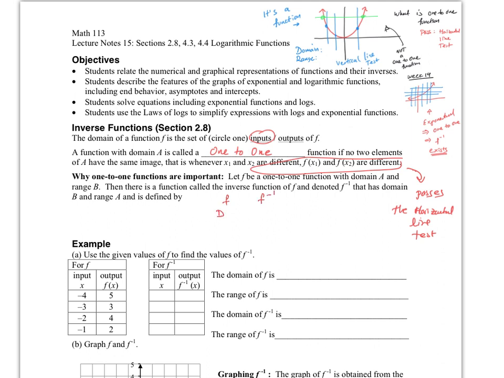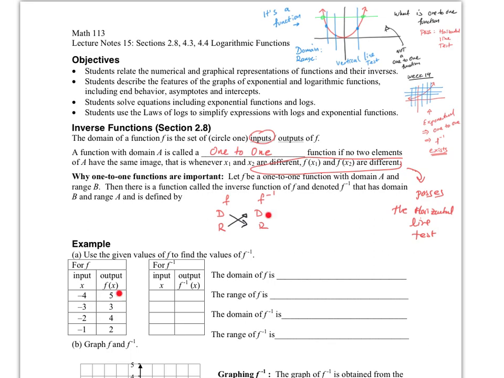The function has a domain and a range, and the domain of this one is the range of the other, and the range of this one is the domain of the other, as you will see on this table. In other words, the easiest functions to find the domain and range are functions that are one-to-one.